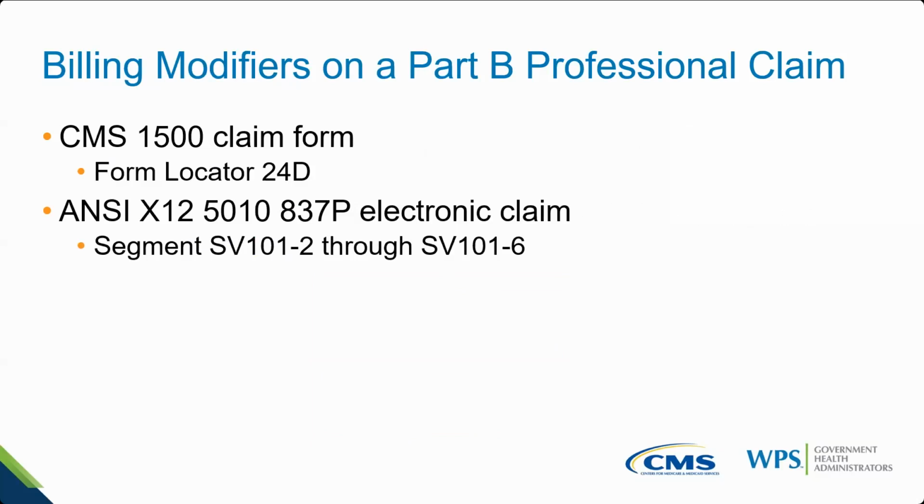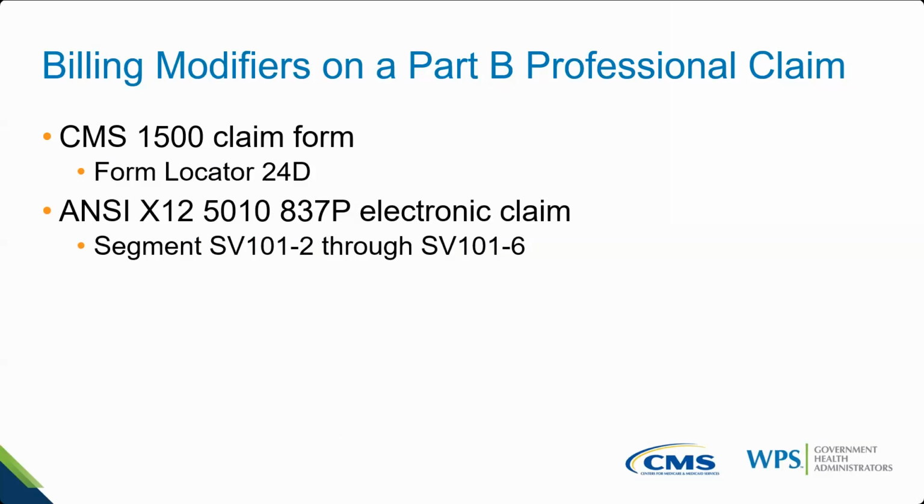Now let's look at billing modifiers. If you work with physicians and non-physician practitioners, those professional charges are billed to Medicare using the CMS 1500 claim form or the electronic 837P equivalent. This slide shows the form locator or the segment that the modifiers will be populated in.